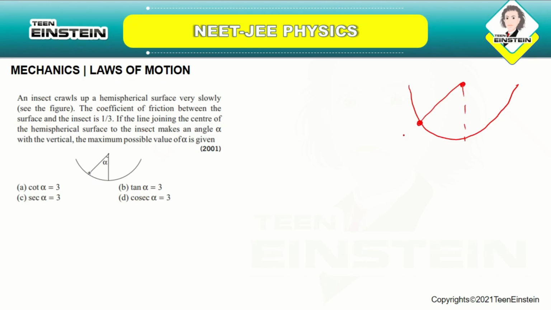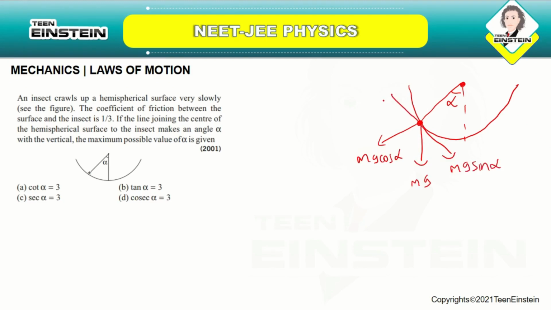Here the angle is alpha, and this will be mg cos alpha. This one will be mg, and this one will be mg sin alpha.